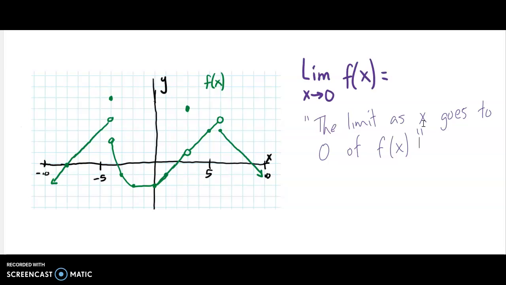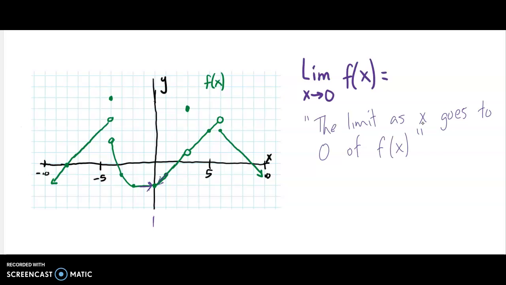This right here is x equals 0. What I need to do is figure out what the function closes in around at that spot. If you look here from the left, as we go into 0 on the x's, we are at a height of -2.